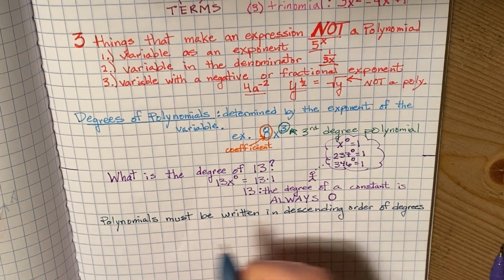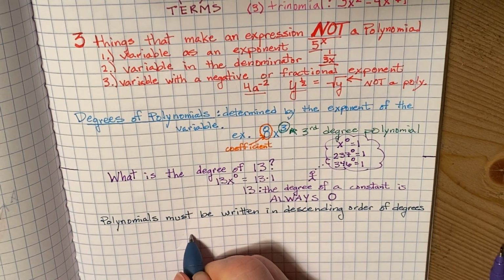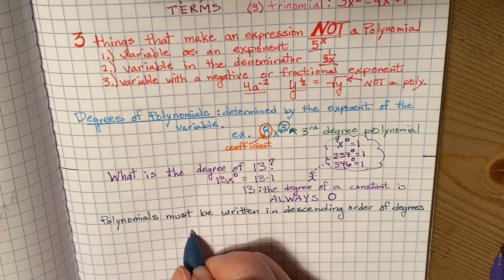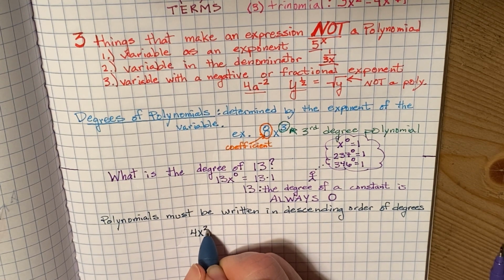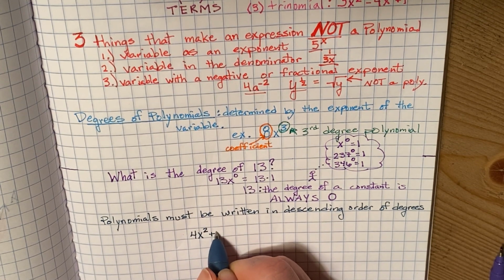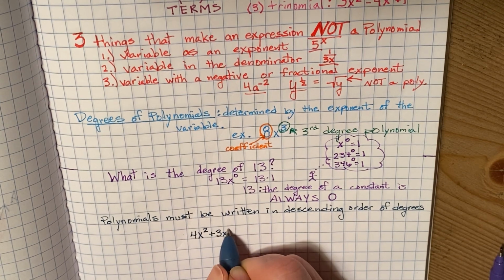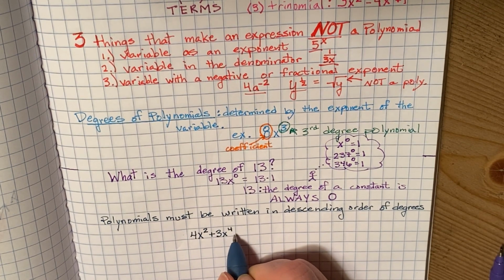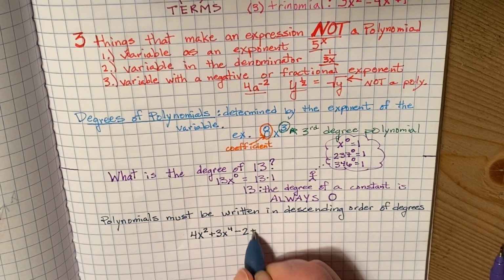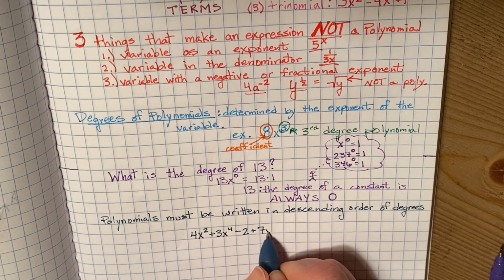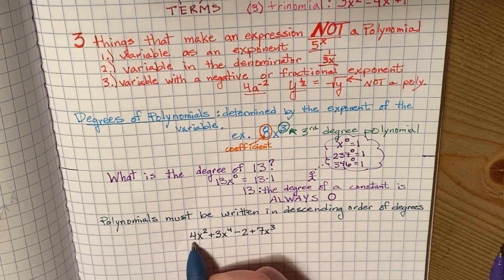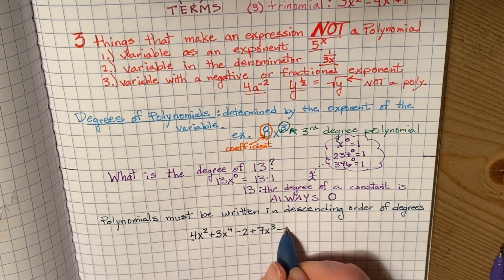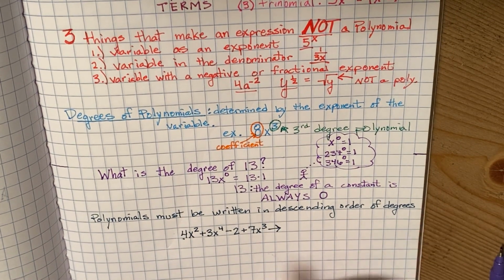So we can make another example. We could say 4x squared plus 3x to the fourth minus 2 plus 7x cubed. Okay, we need to take this and turn it into the proper order.